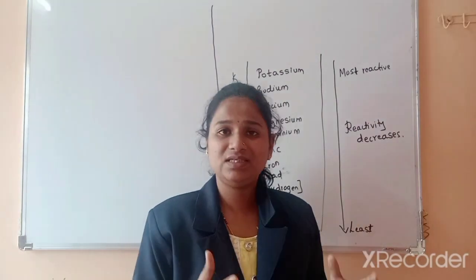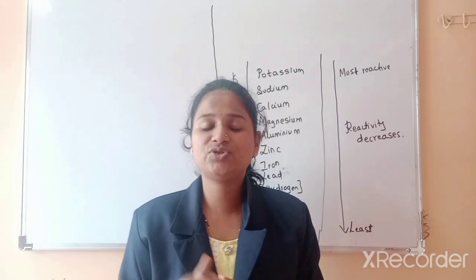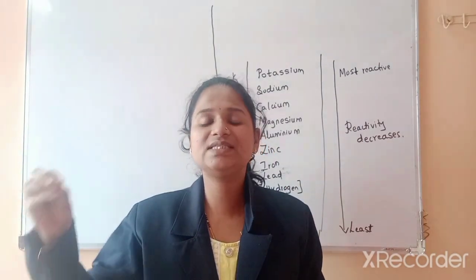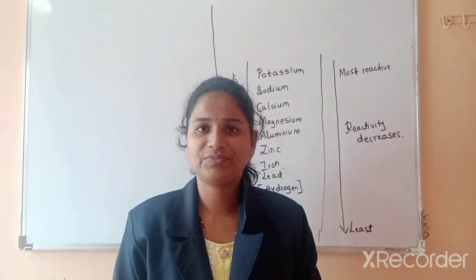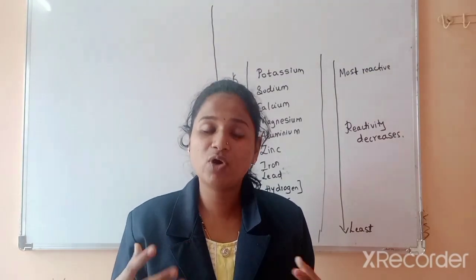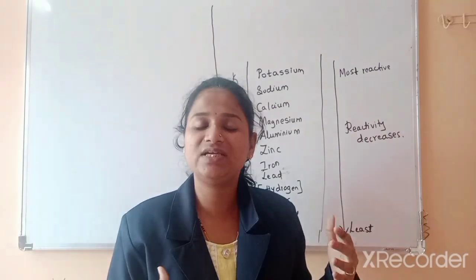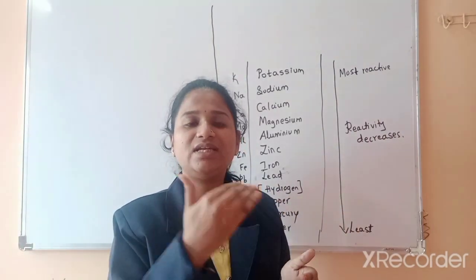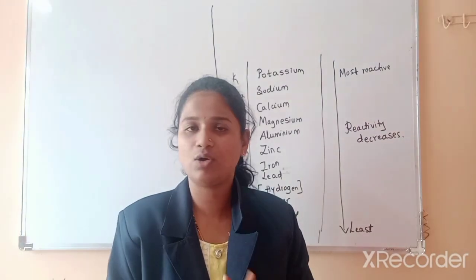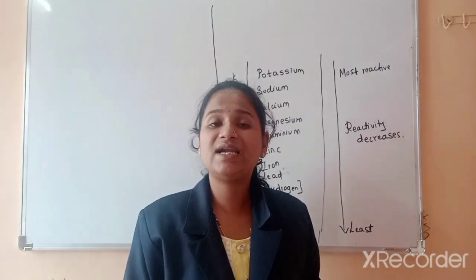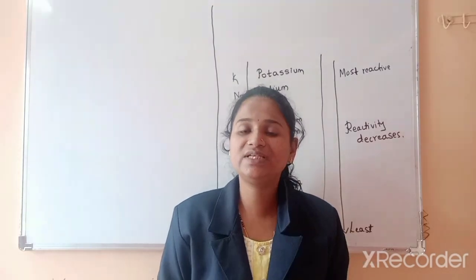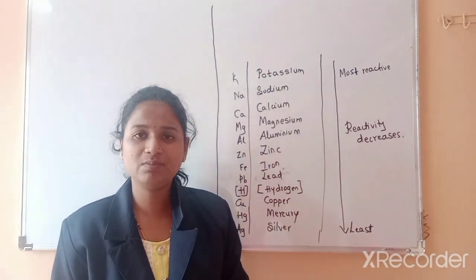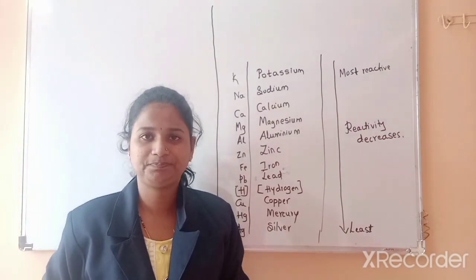Right. So by considering only these reactions, we can't write them in a decreasing order of their reactivity. We need more information regarding their reactivity so that we can write the reactivity of metals in the decreasing order. For that, we should take the help of one of the reactions which we studied in our first concept, that is nothing but displacement reaction.